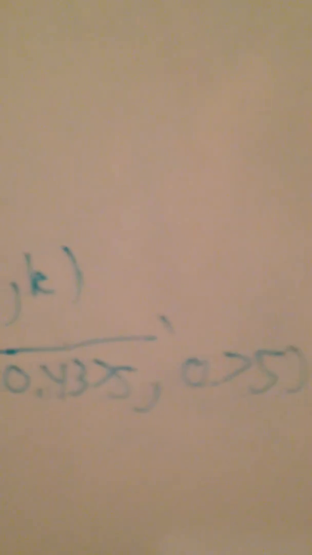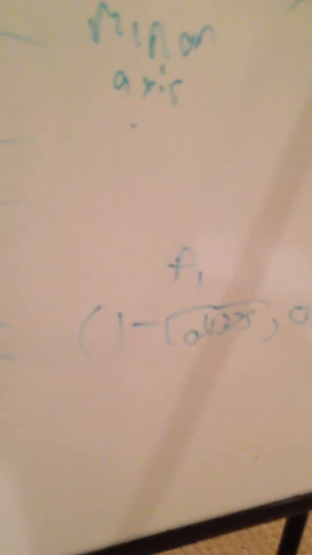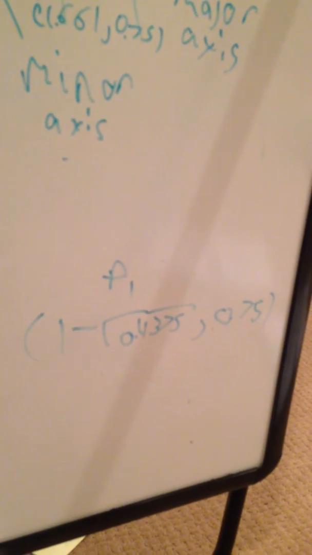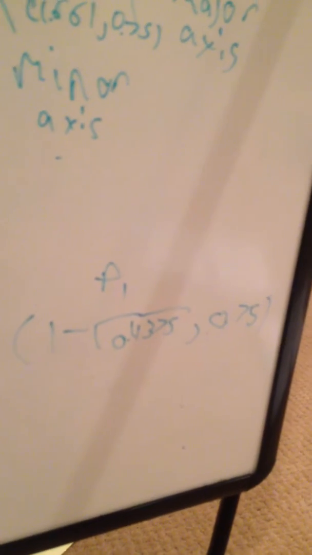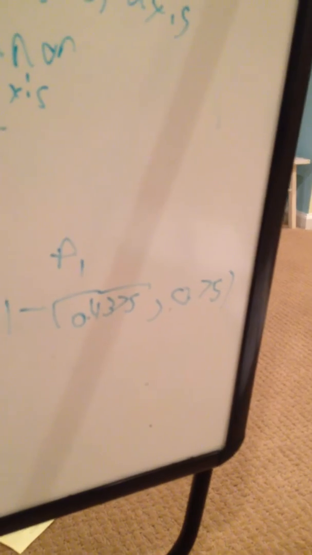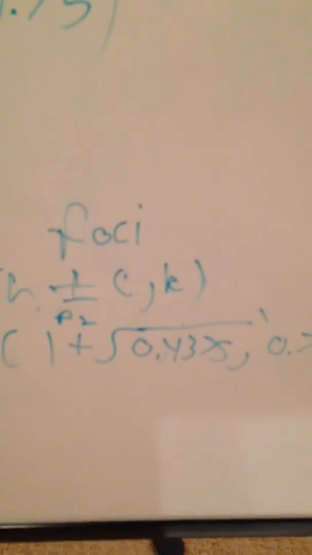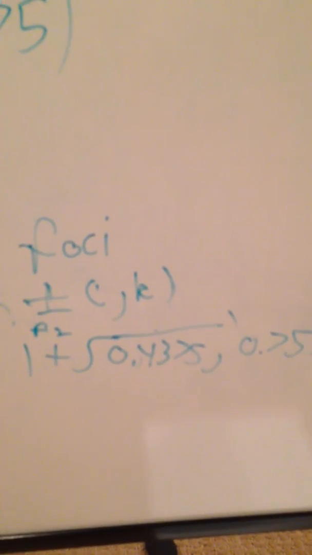Okay. So we plug in the c value to the foci. So foci 1 is, because h was 1, minus the c value, so the square root of 0.4375, and that's the x, and then the y is just 0.75, because that's the k value. And then for foci 2, we add it, and it's 1 plus the square root of 0.4375, 0.75.